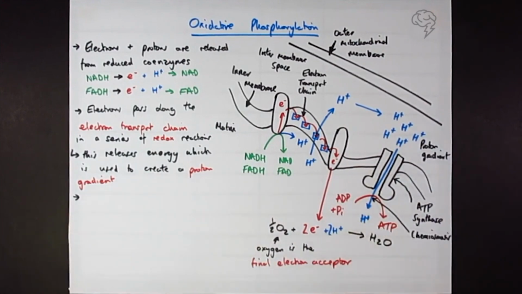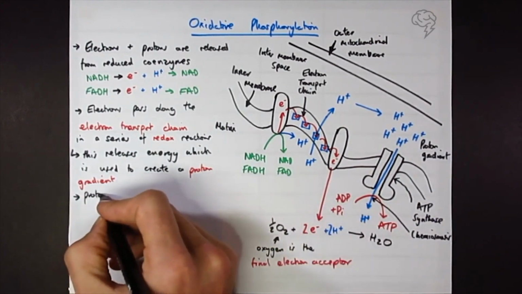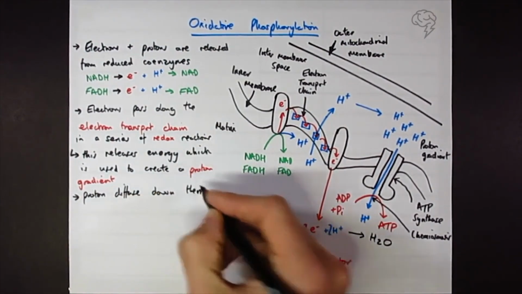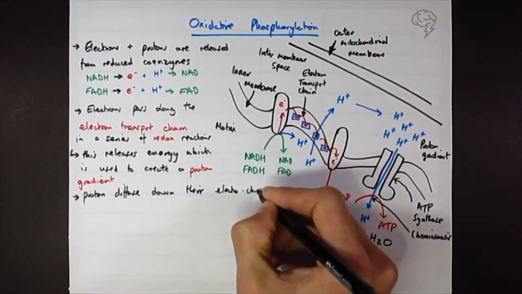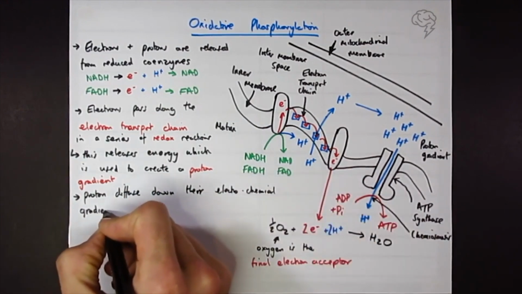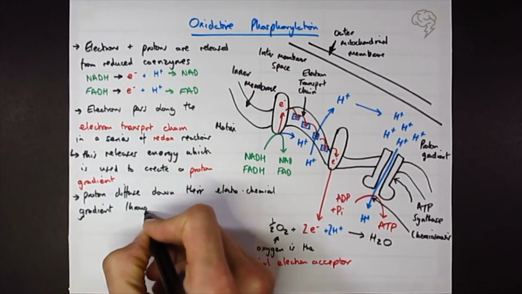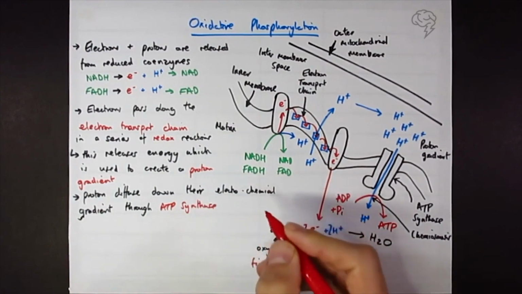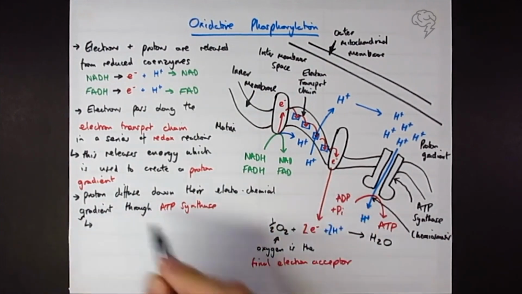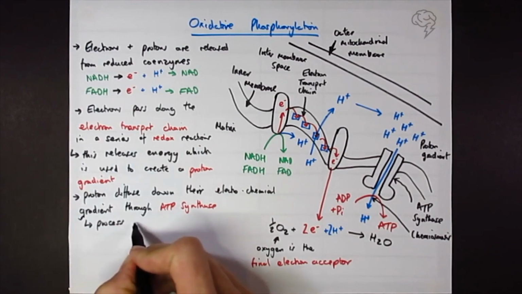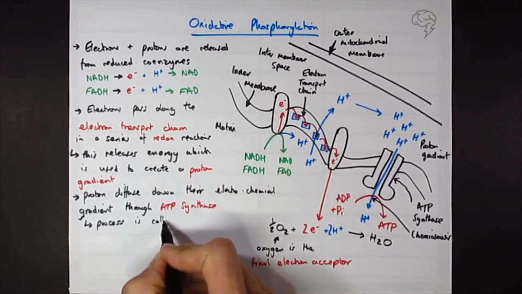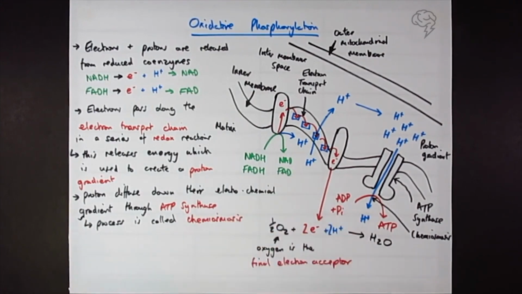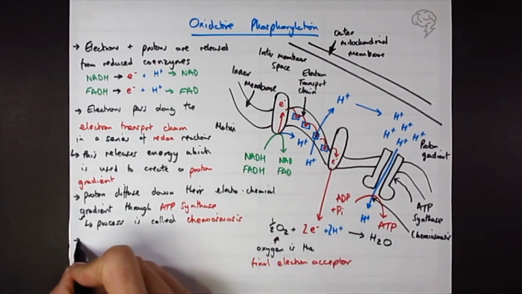What next? Well, the protons diffuse through ATP synthase in chemiosmosis. So this process is called chemiosmosis. And it provides the energy to combine ADP and Pi to form ATP.